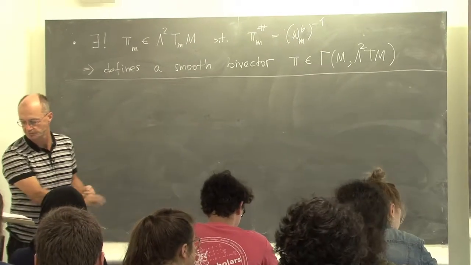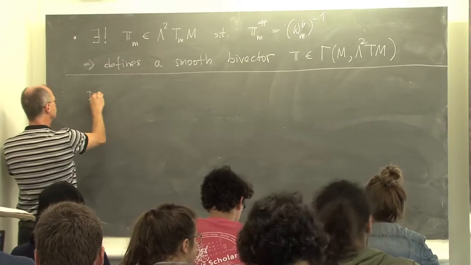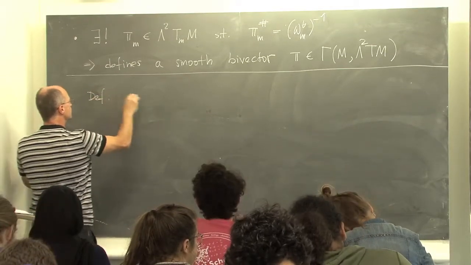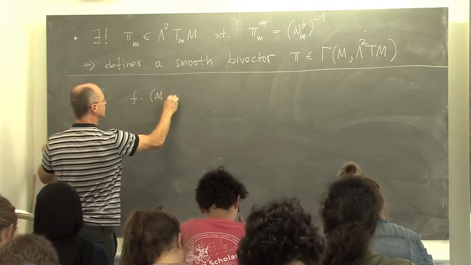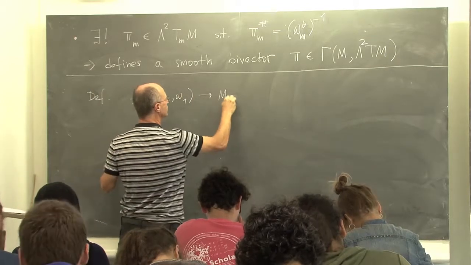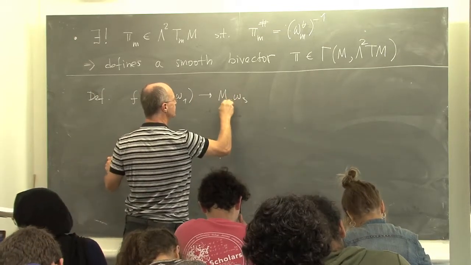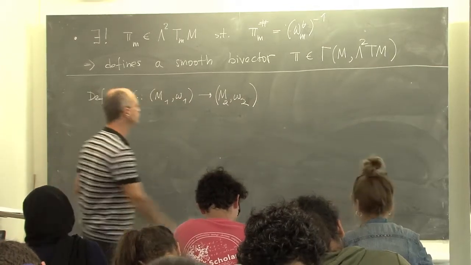So, definition. Suppose we have a map F between two symplectic manifolds, M1 and M2, with symplectic forms omega 1 and omega 2.